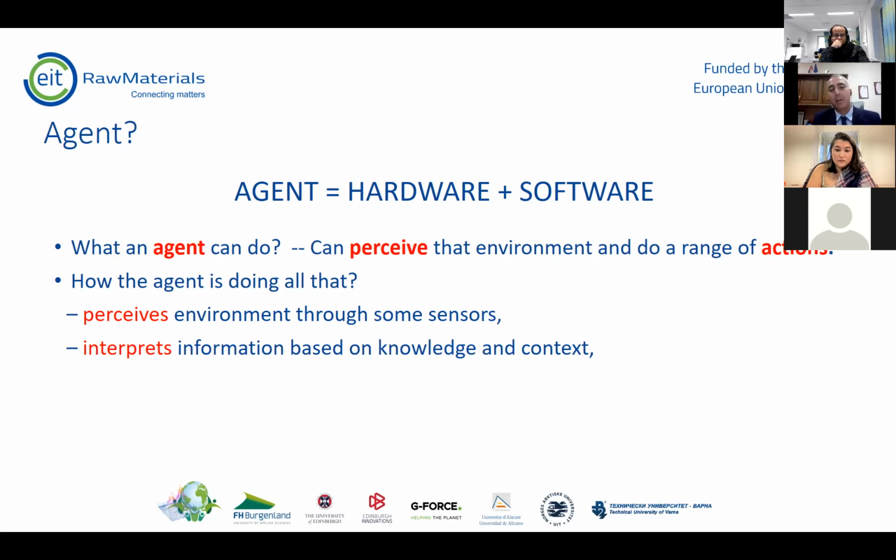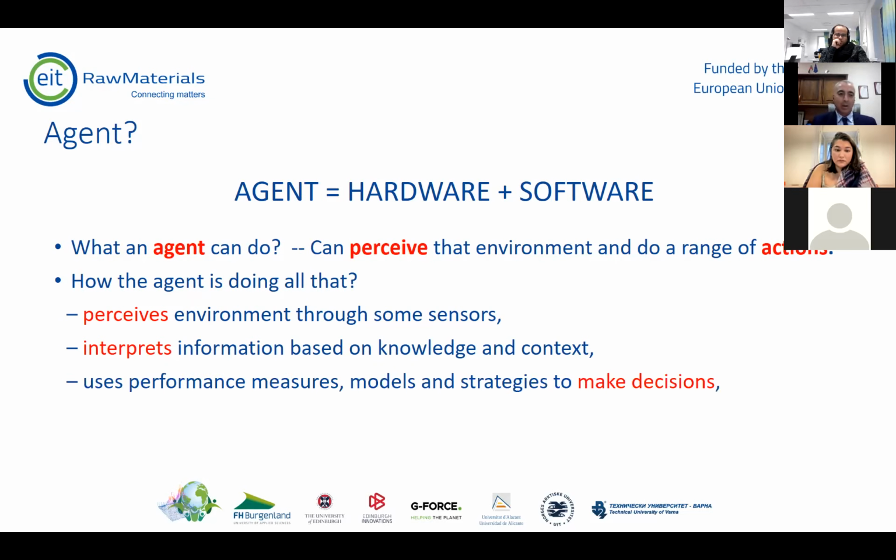And perception and observation are different things, because the interpretation of information depends on knowledge and the context of the observation. So the agent can use some performance metrics, some models, and some strategies to make decisions.